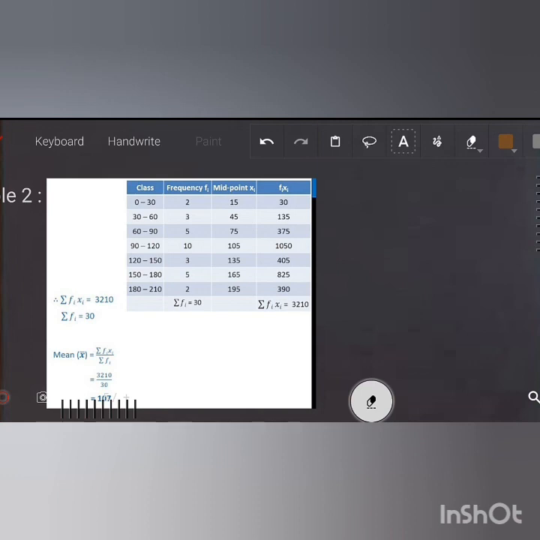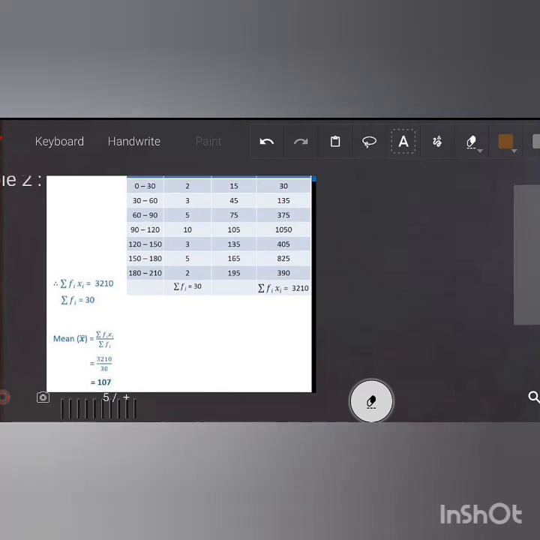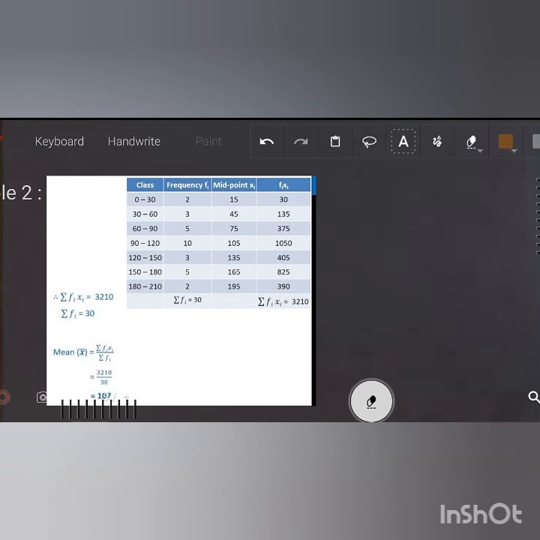Then we multiply it with frequency. The frequency of each class is to be multiplied with the mid value of the same class. In the same way for the second one, the third one, and so on.